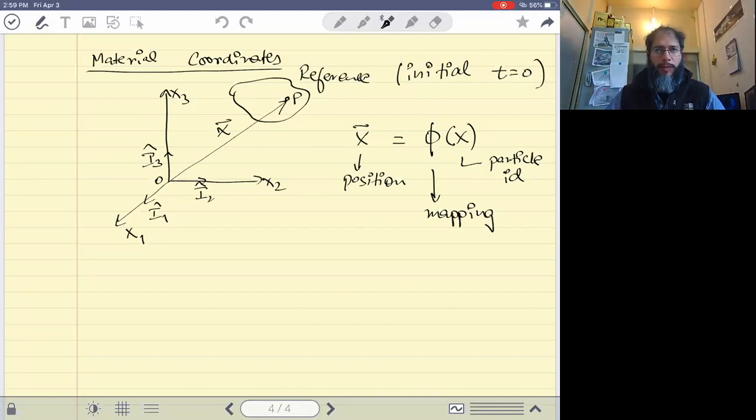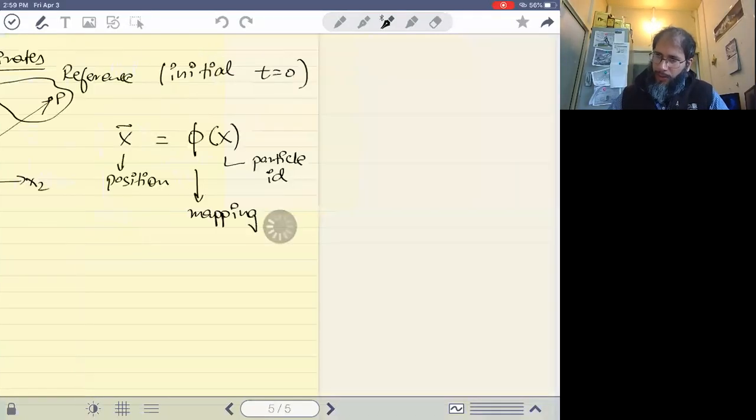And phi is, instead of kappa, I'm using phi here, because the book uses phi in this subtopic. It's the same as what you had as kappa earlier. Okay, now at a later configuration, at a later time, sorry, the body may move. So let's go to the next page.